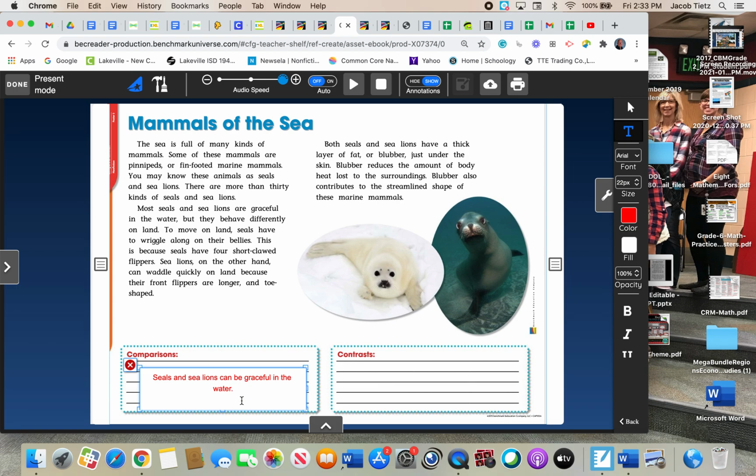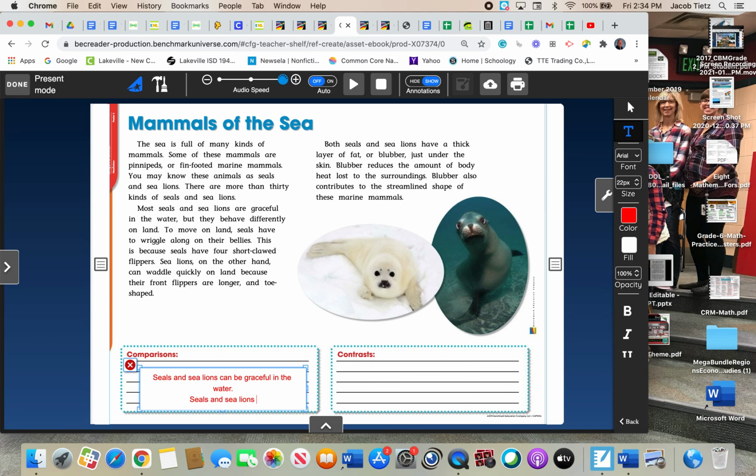It says then, to move on land, seals have to wriggle on their bellies because they have short clawed flippers. Sea lions, on the other hand, so this is a difference. Let's go to that third paragraph. The word both comes in. And both, as we know, is another compare signal word. So let's put that in there as well. Seals and sea lions.